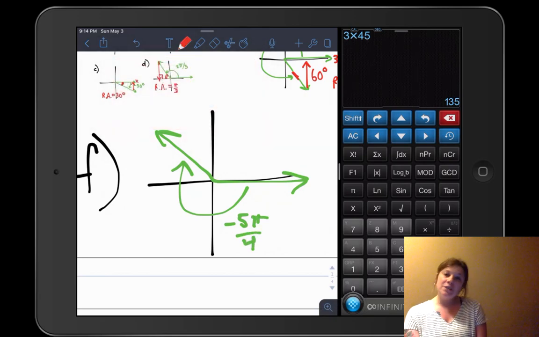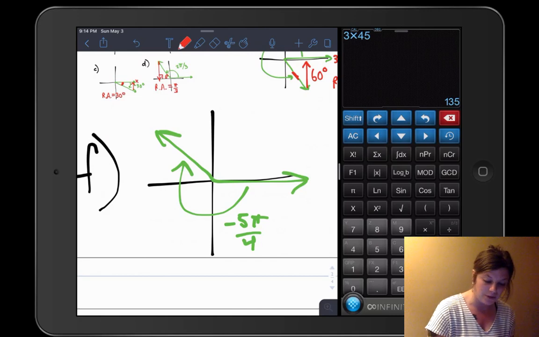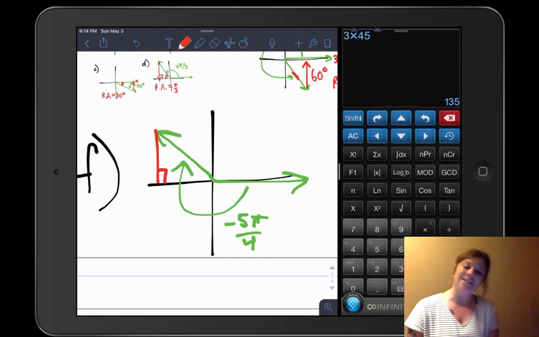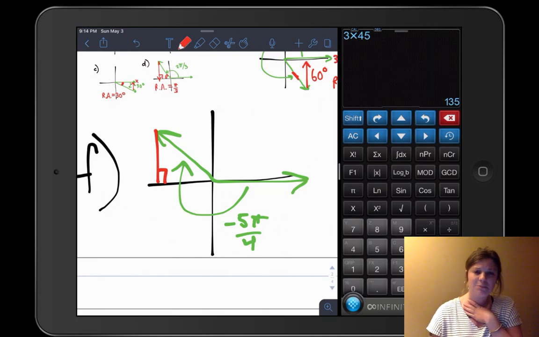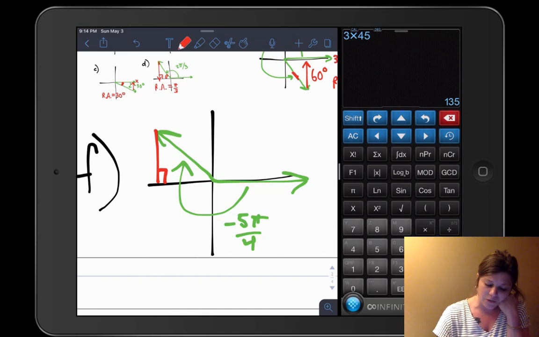Now, the closest x-axis that we can create a right triangle with is that negative x-axis. So you can think to yourself, how much is missing in between the place where my terminal side is and the x-axis?